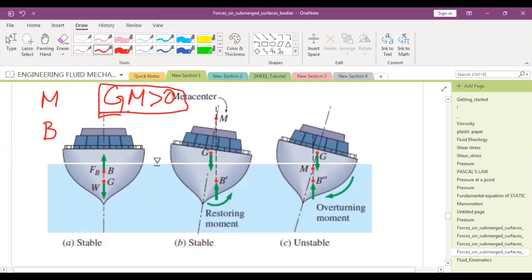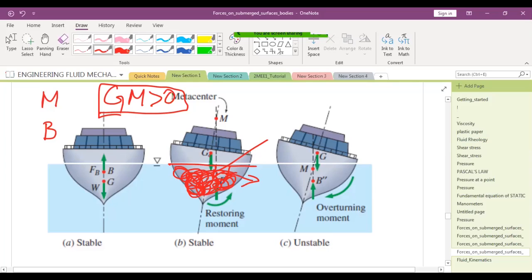Weight of ship. Center of gravity. So you will tend to keep all the heavy material below this free surface. So that's why all the propellers, engines, and most of the luggage, you keep it here.